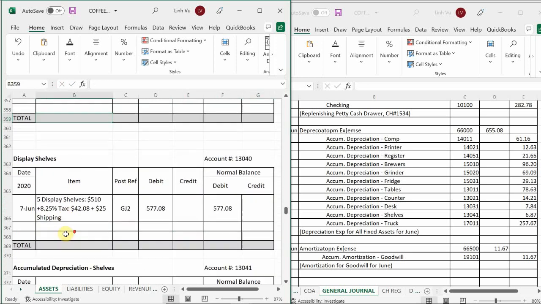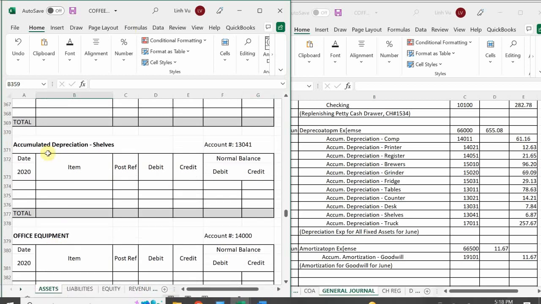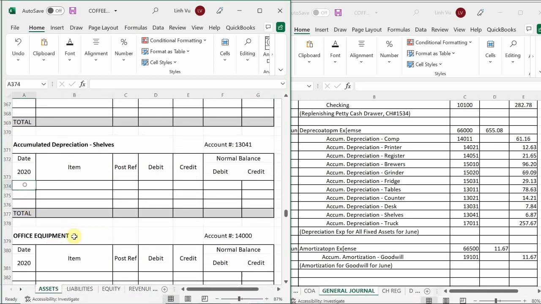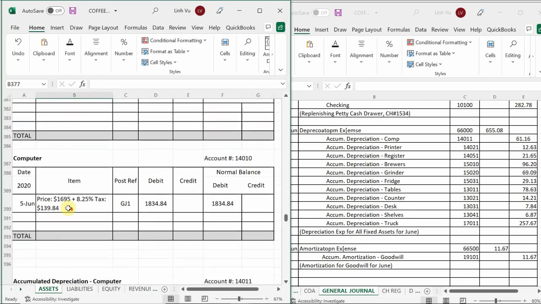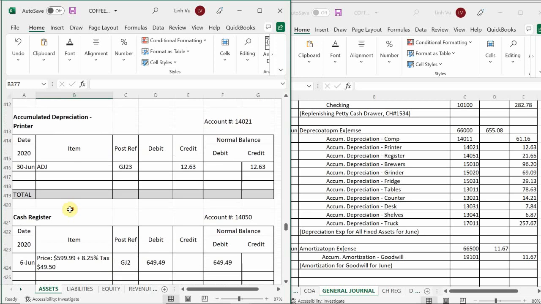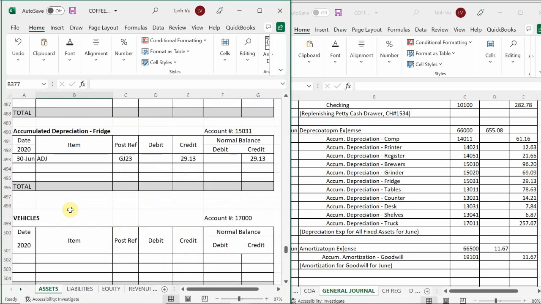And then we have the accumulated depreciation for my display shelves, which gave me a total credit of $6.87. Okay. And then last but not least, for the depreciation, we have the accumulated depreciation for the truck.